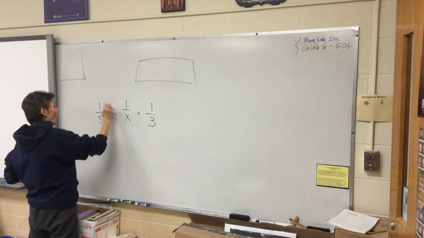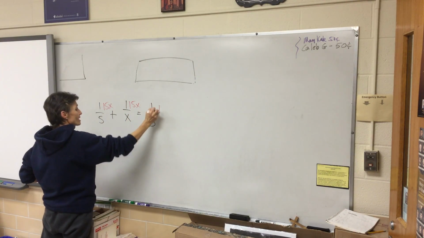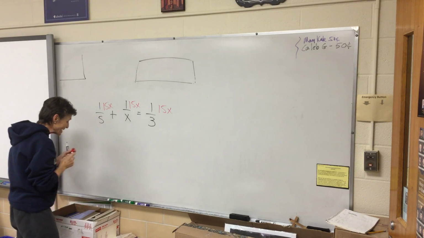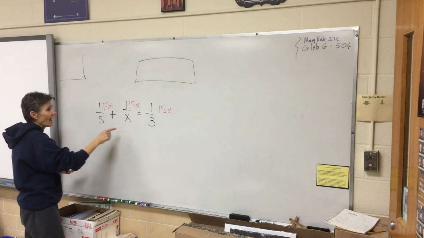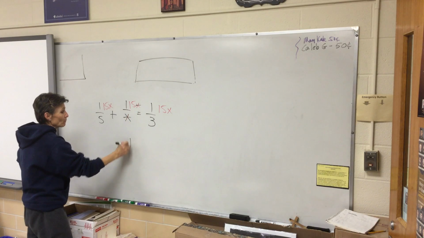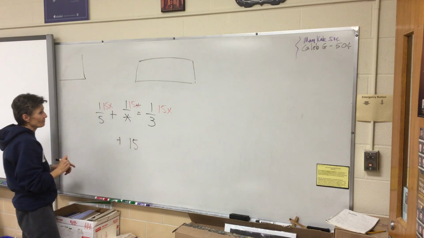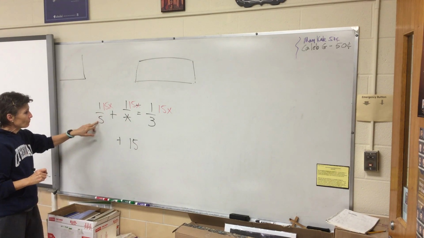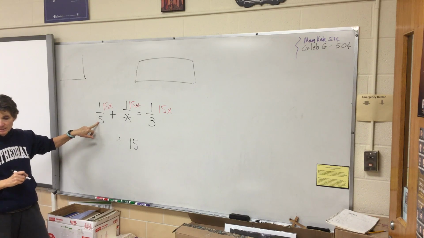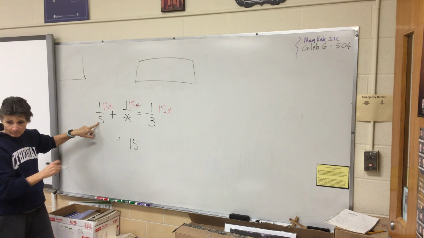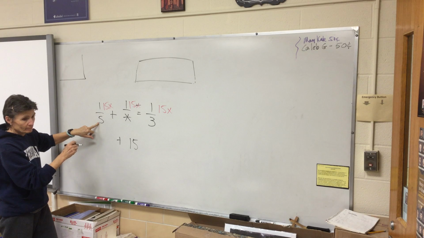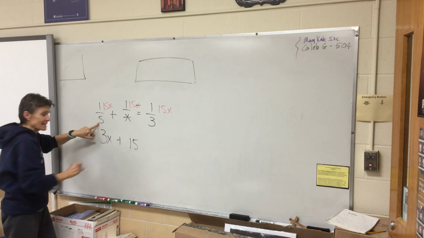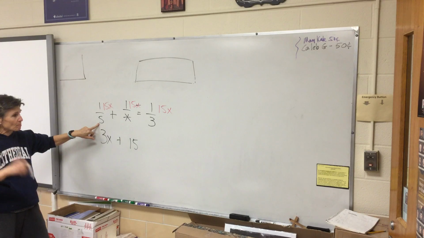We always got to include that x because we need that x to cancel out. So that would just be 15 there in the middle. Now, 15 over 5 is 3x. Yep, that's exactly right. Go with it. 3x. That's perfect.